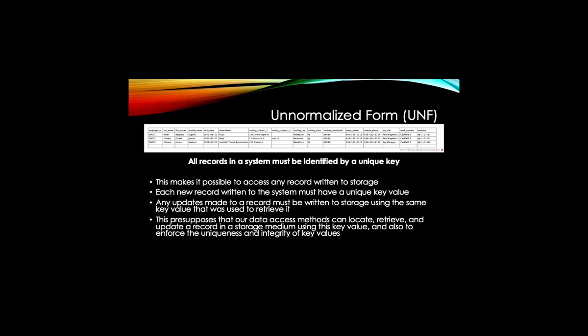So unnormalized form, or UNF, is the easy one. Basically, all records in a system must be identified by some kind of unique key. We don't care what all of the attributes are in the record.